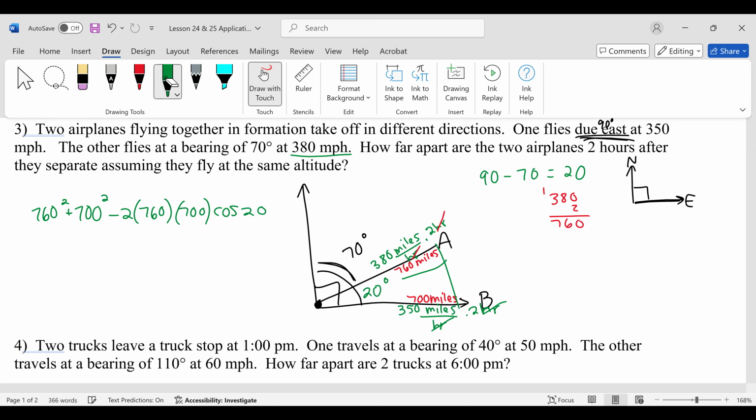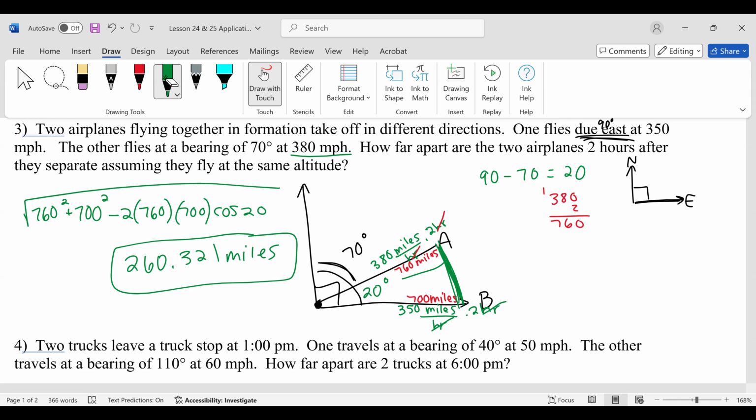And that'll give you this side right here. You'll need to put that under the square root symbol. So type it just like that into your calculator, and you'll get 260.321 miles. 260 and 321 thousandths miles.